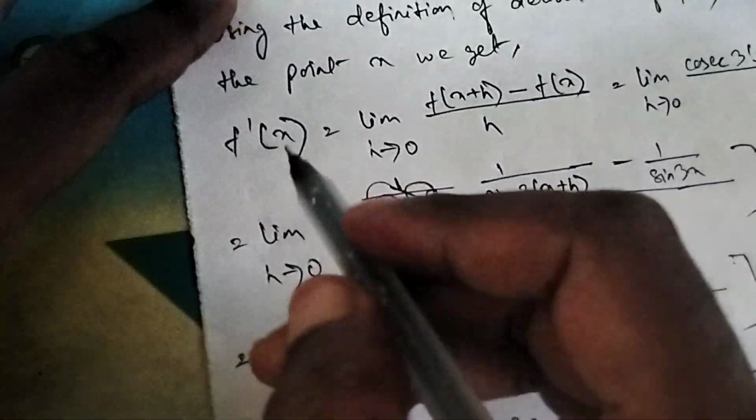Now I'm changing the page. So these are all we are finding out. We are finding the value of f dash x.